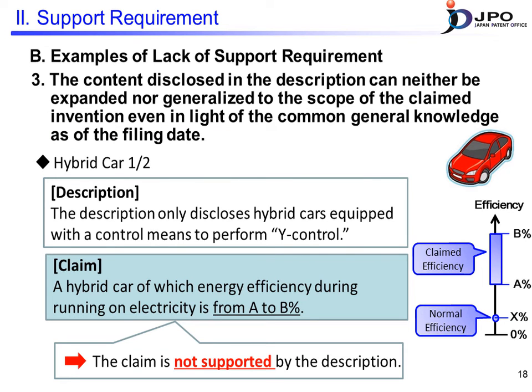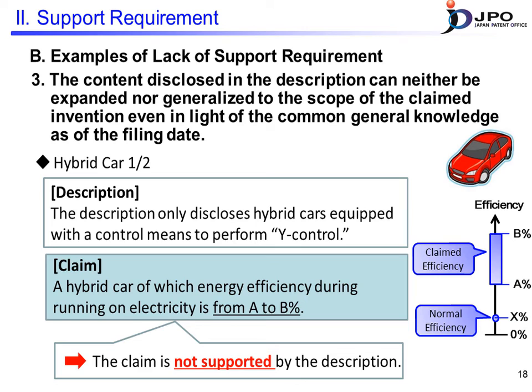Let's look at the third example. This is a case where the details disclosed in the description cannot be expanded or generalized to the scope of the claimed invention. The description only discloses a hybrid car equipped with a control means to perform Y control.